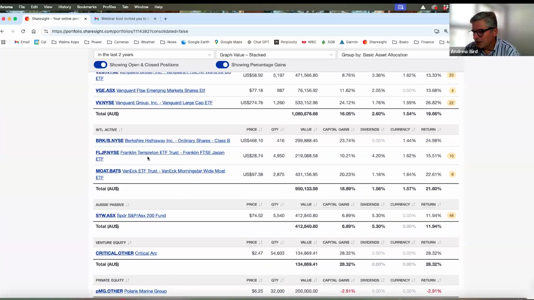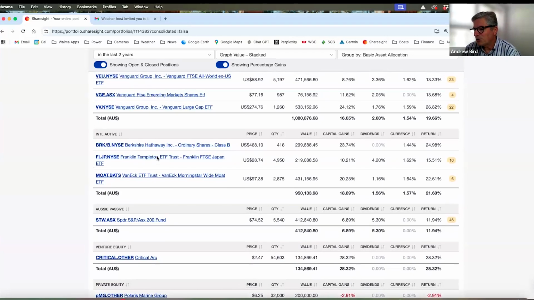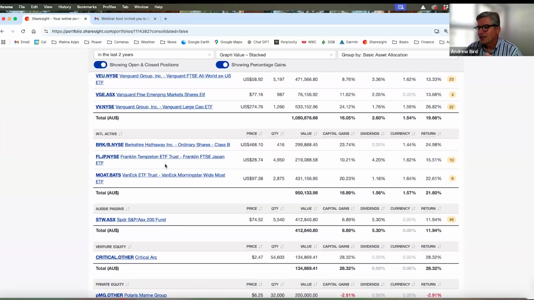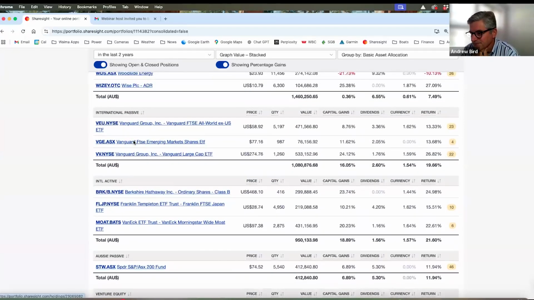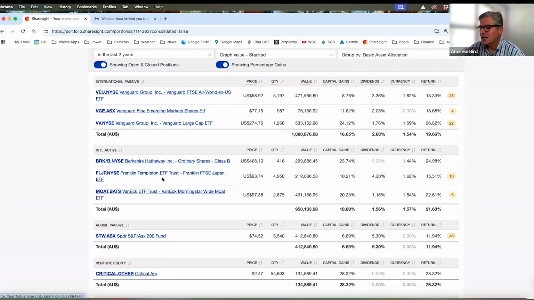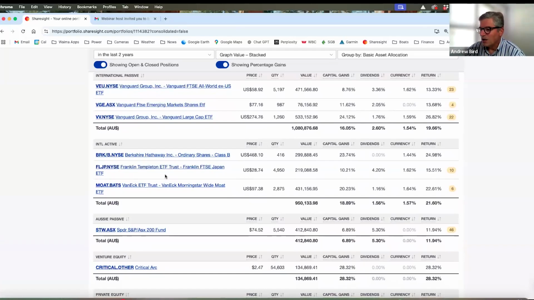Another one I have here is a Japanese passive ETF, but I actually put it in my active category because some of these other ETFs, for example VEU, the Vanguard All World ETF, everything outside the US, do have Japanese stocks in it, but I wanted to make an oversized bet on Japan. So I've bought a Japanese ETF directly. And to me, that's active because I'm making an active bet to overweight Japanese stocks. So that's kind of how I see it.